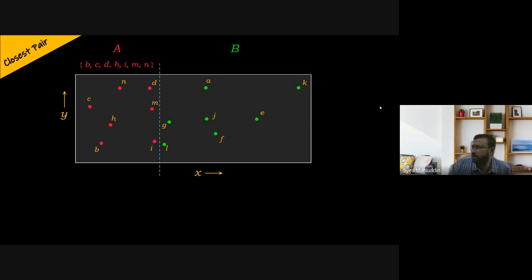Let the next partition be B, so we have two partitions A and B. All the green dots come into partition B. So this is the divide approach. Then we recursively find the smallest distance between the pairs, the closest pair, in partition A and partition B. Again, partition A can be divided, and partition B can be divided, till there are only two points.